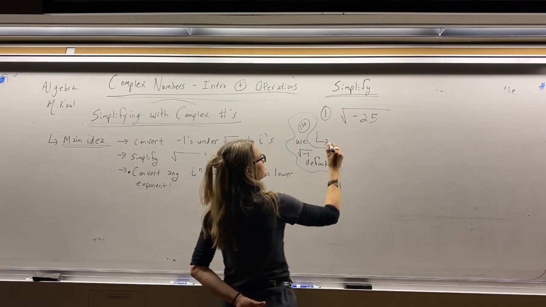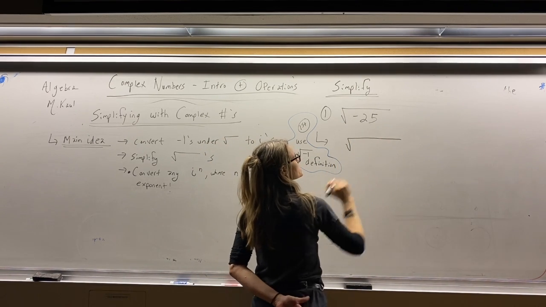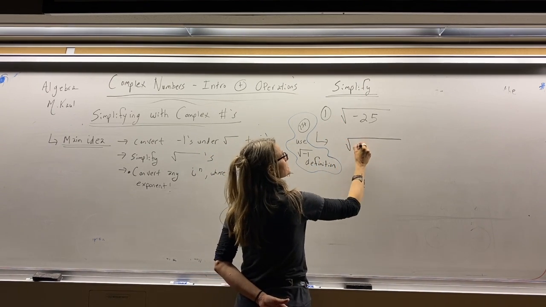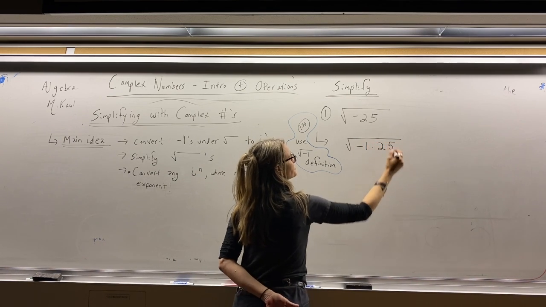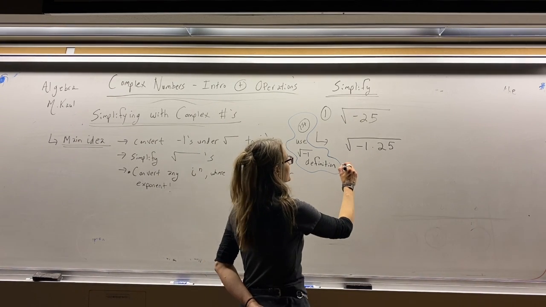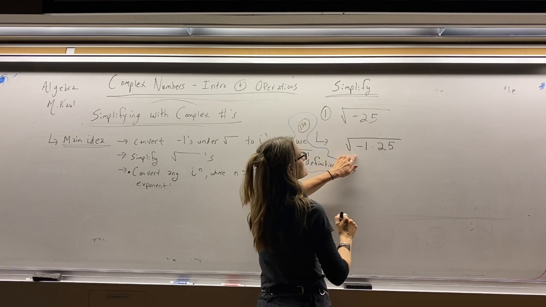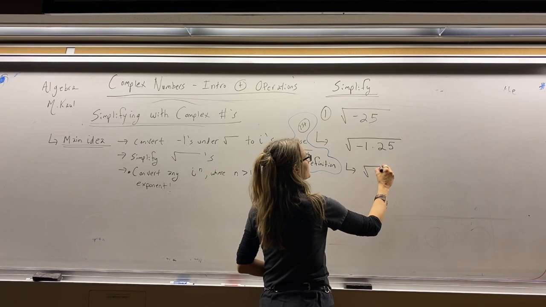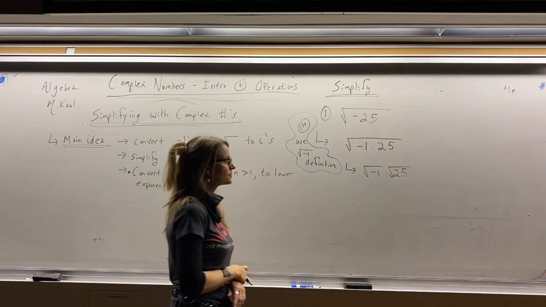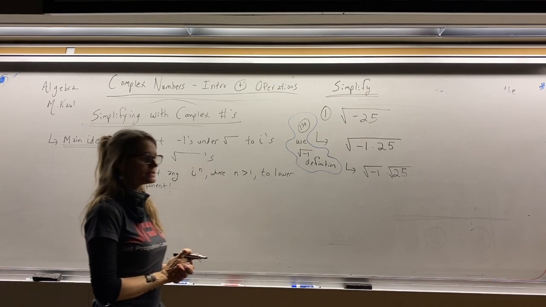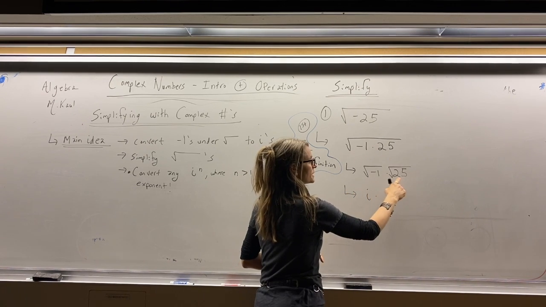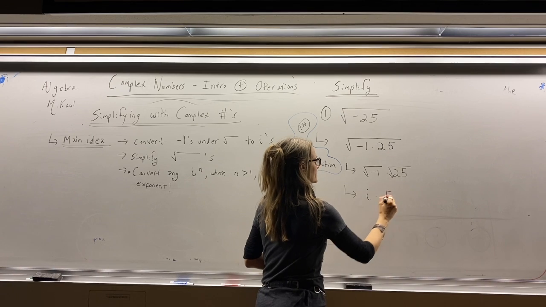This is a square root, my index number is a 2. So I'm going to break this down to -1 times 25, so that I can represent that -1 with an i. So this is the same thing as the square root of -1 times the square root of 25. When I break it down like this, I can represent the square root of -1 with an i, and this becomes i times the square root of 25, which is just 5, luckily for me.